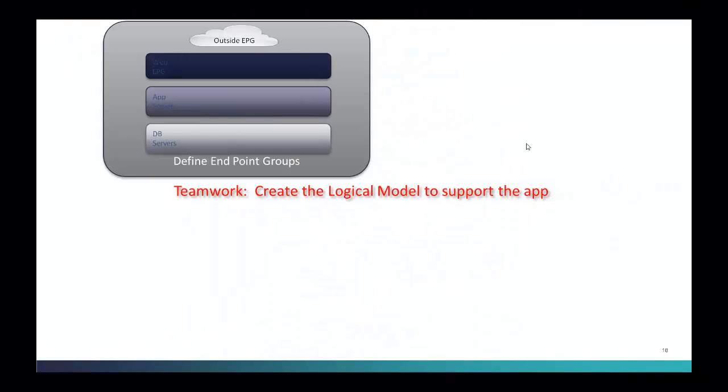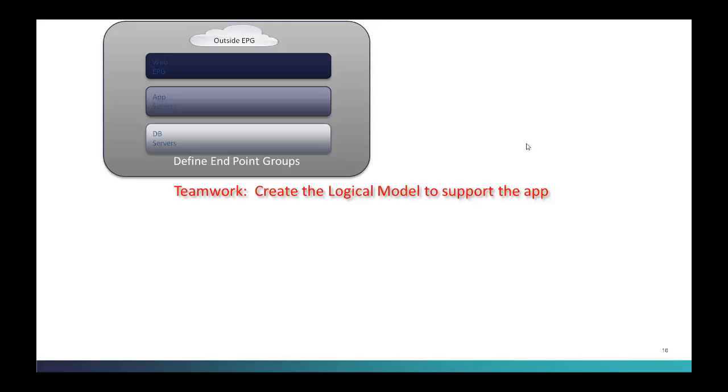So this is what we've got to do in ACI. Understand our network, understand our requirements from an application point of view. Once again, I know this is very generic, but just so you get the concept. Define your relevant EPGs. In this example, outside, web, app, and database. Define what VLANs are going to be in them.